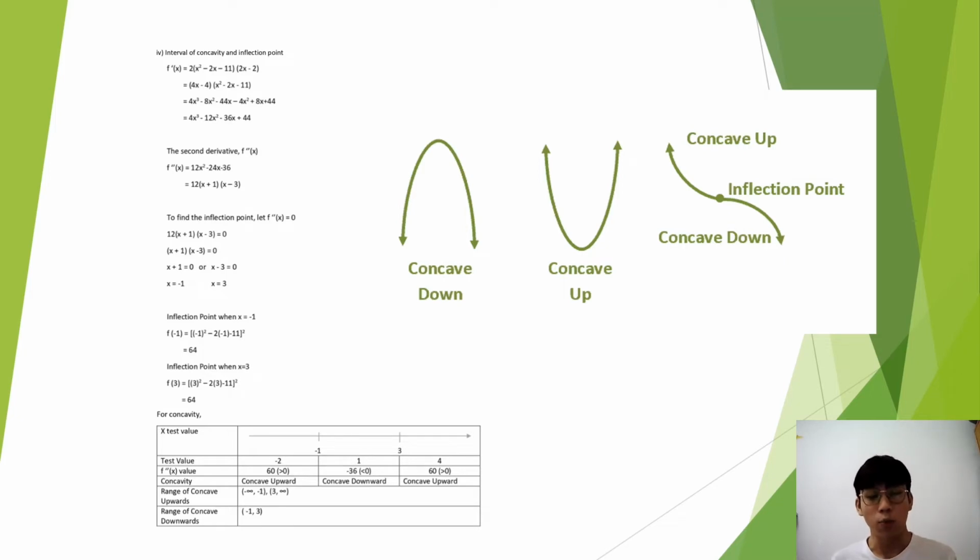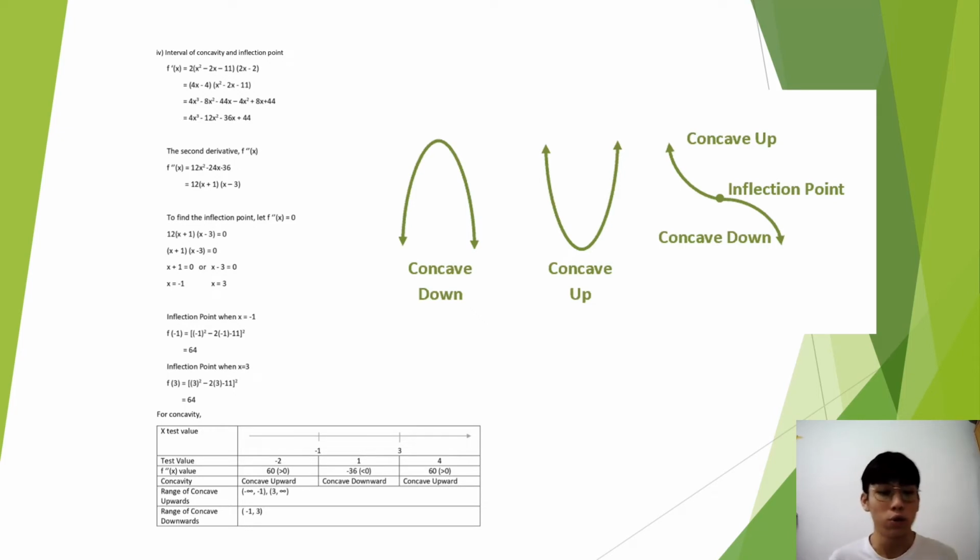Same concept, we sub the value 1 into the second derivative equation. We get negative 36, which means the graph between negative 1 and 3 is concaving downwards. After the value 3, we sub the value 4 into the equation, we get a second derivative value of 60, so the graph is concaving upwards.